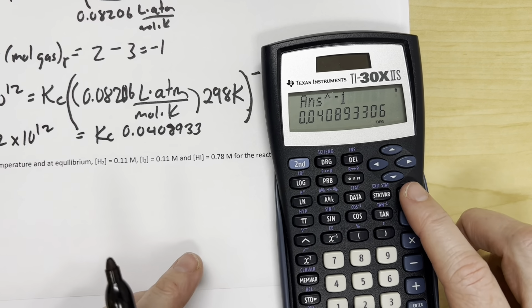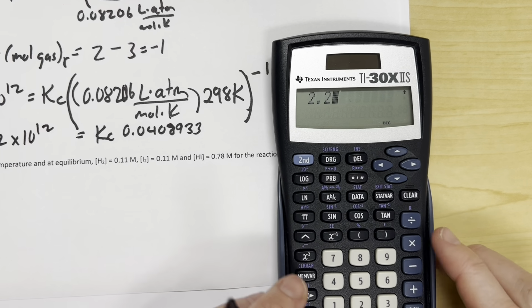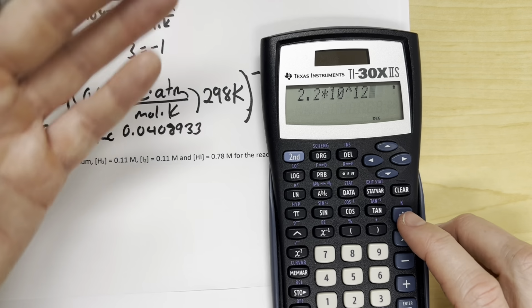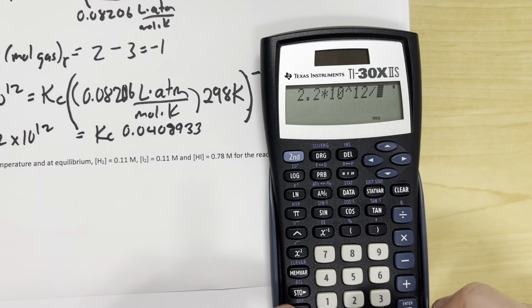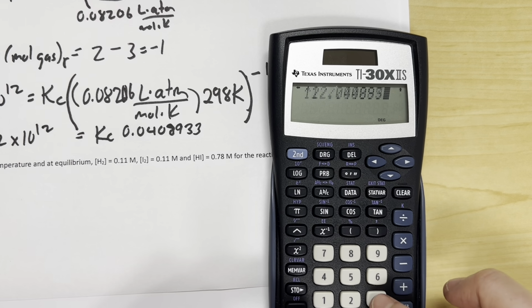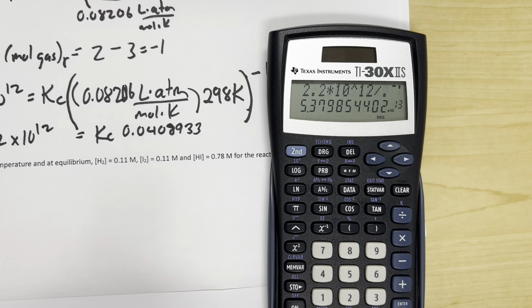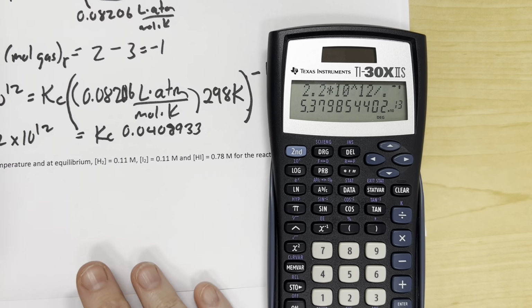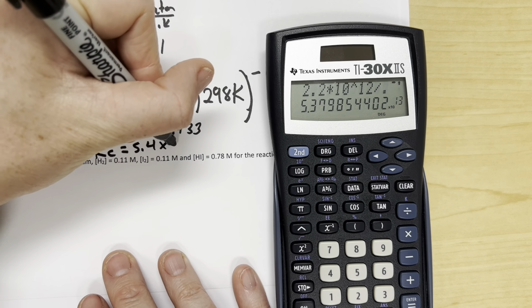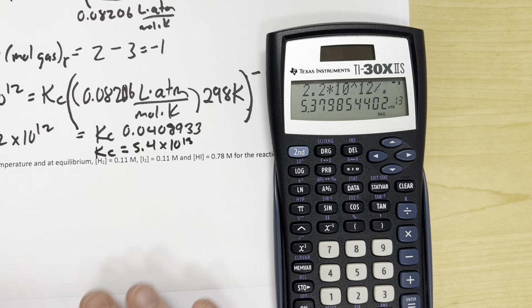So I can just do 2.2 times 10 to the 12 and divide it by 0.040893. And I get an answer of 5.4 times 10 to the 13. And that would be your answer.